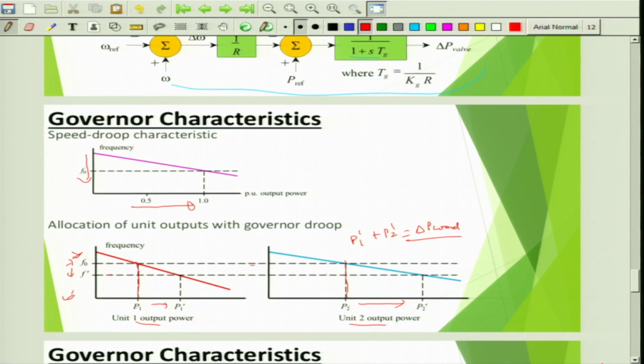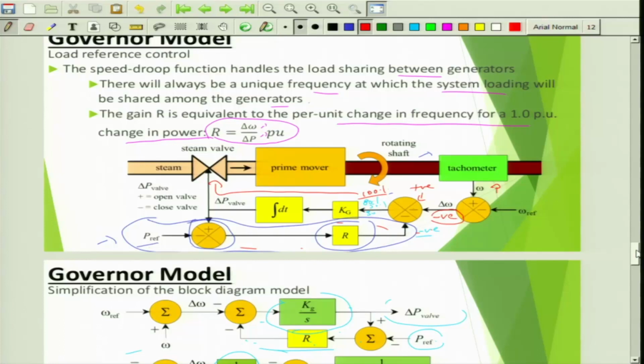So for that you need to again change the governor output. That is what we have done in the previous slide. This is what is taking care of that secondary control action. Frequency 50 hertz needs to be restored, and that needs to be also, again you see here, shared among the generators. How much valve needs to be changed proportionately based on the capacity.